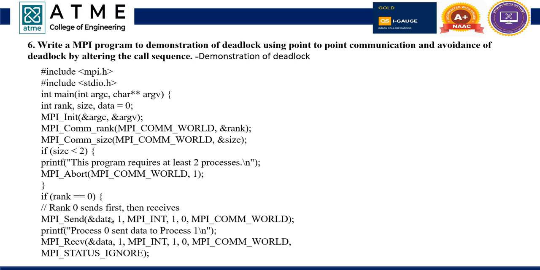So MPI_Send with the data, 1, that is the number of elements, and MPI_INT is the type of the data, and the destination is 1, because rank 1 is receiving the message and we are sending the message to rank 1, and 0 is the message tag and MPI_COMM_WORLD is the communicator.